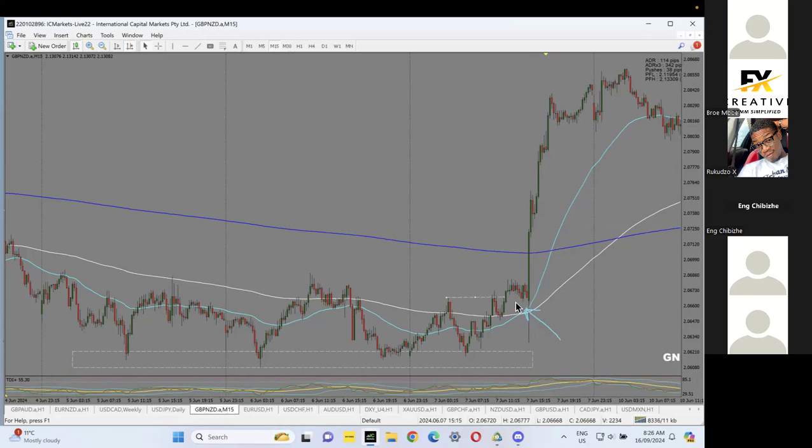At least I want that neck to be taken out for me to get this whole move up. But otherwise, if the high is not taken out, then that is not my kind of trade. It's not like I trade ID50s only, not really, but I'm just trying to show you the kind of ID50 that I would trade if I would see an ID50 in the market.